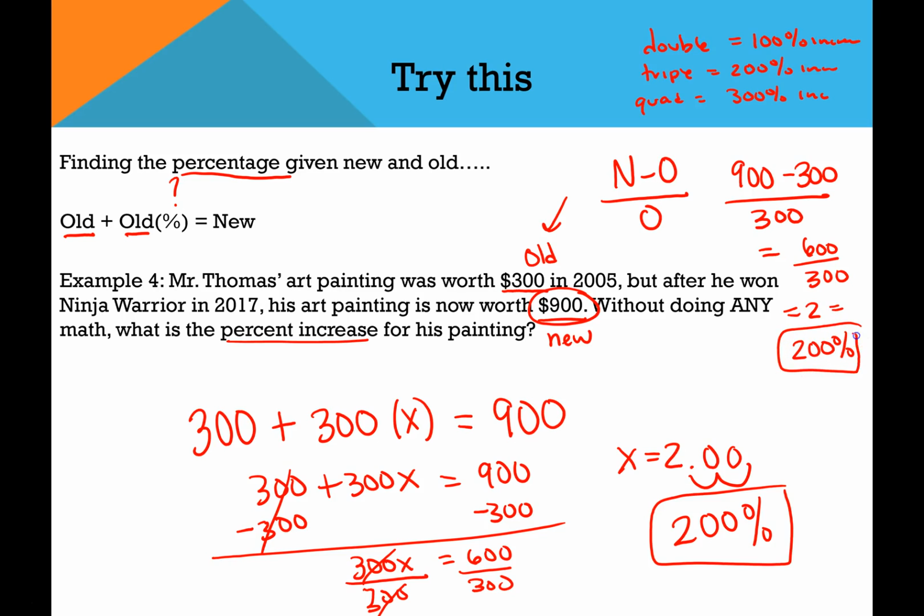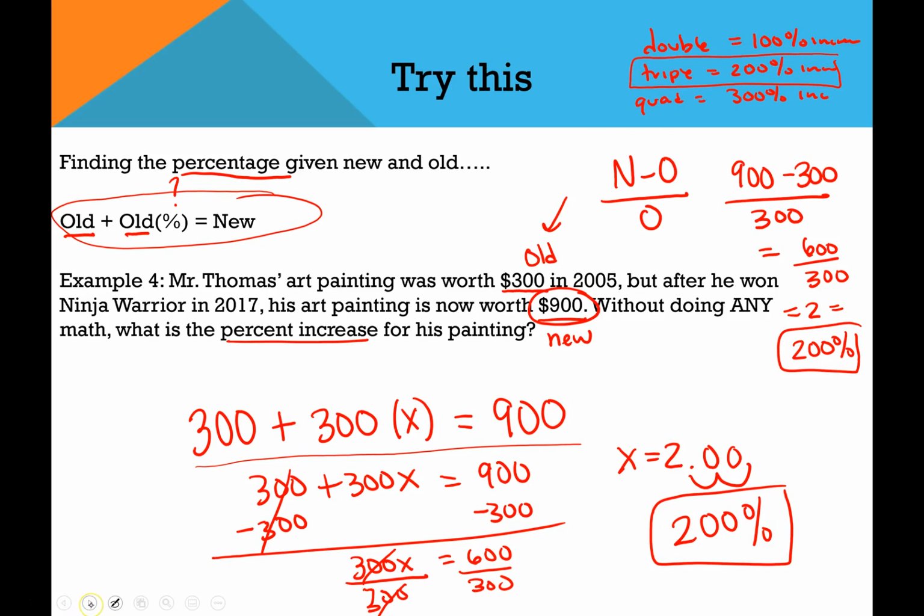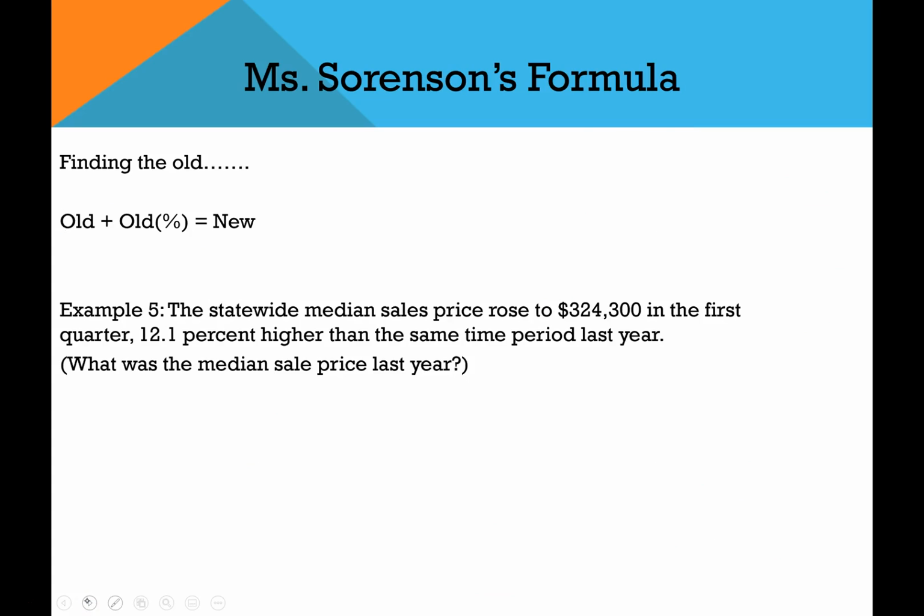So we just solved this problem 3 ways. One is to memorize that something being tripled gives you 200%. I use this formula, the old plus old percent equals new, to get the 200%. And I use the new minus old over old, whichever one you prefer. But you really can't use new minus old over old unless you're solving for the percent. That's the only time that works.